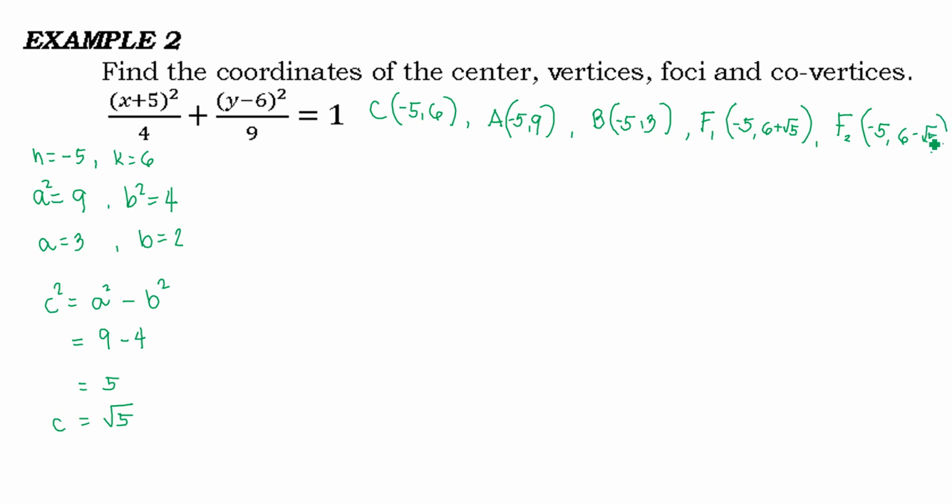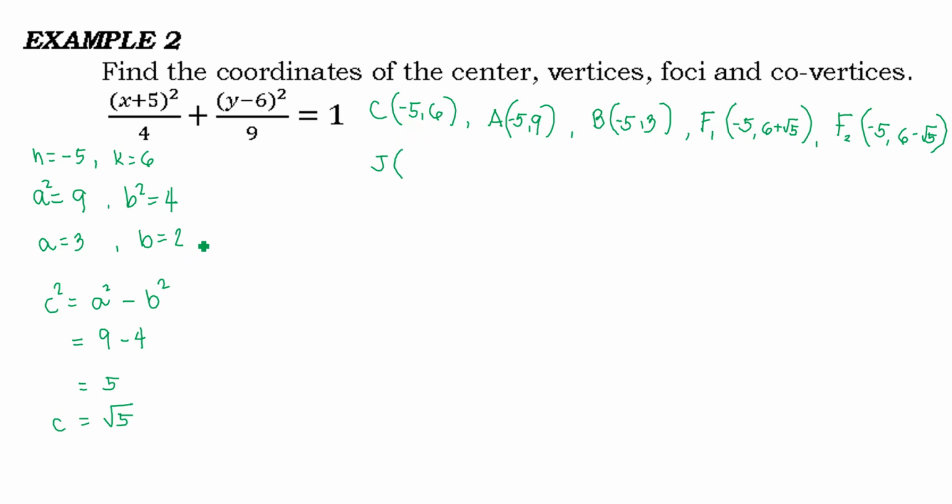Okay, now, the co-vertices, okay, for the co-vertices, kasi nasa on the left side. So, let's say our j would be, okay, dito naman, the -5 would be added by 2.